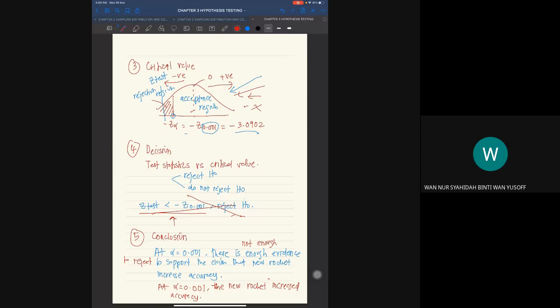It's up to you. For your conclusion, you can write anything as long as you accept or support the hypothesis based on your decision. It is okay not to follow the proper statement that we have in the slide.